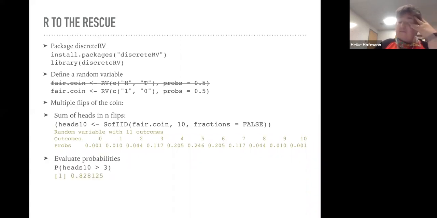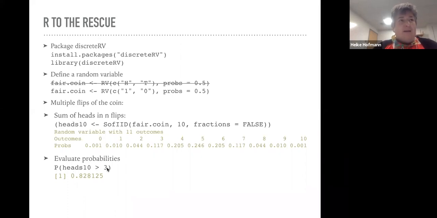And what's also very nice, we have functions in discrete RV that look very much like the functions that we would use in math. So here we've got a large P function. We've got our random variable heads 10. We can check the probability for heads 10 to be greater than 3.